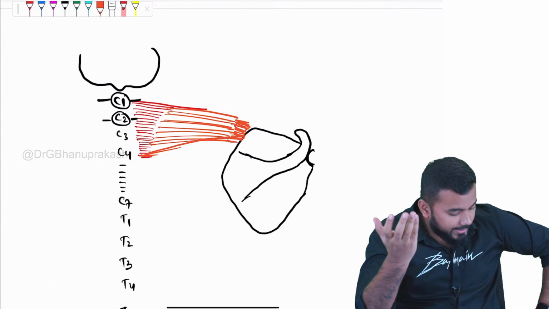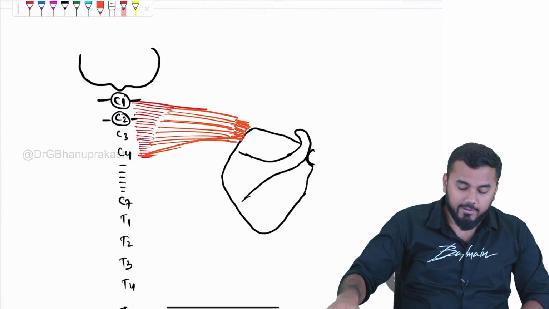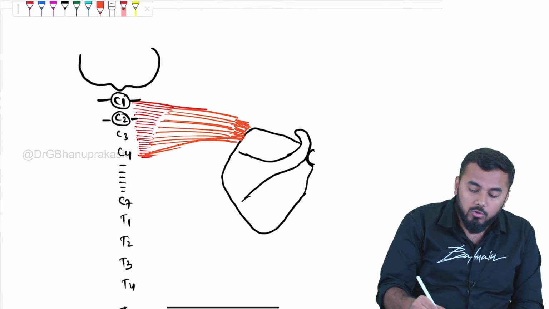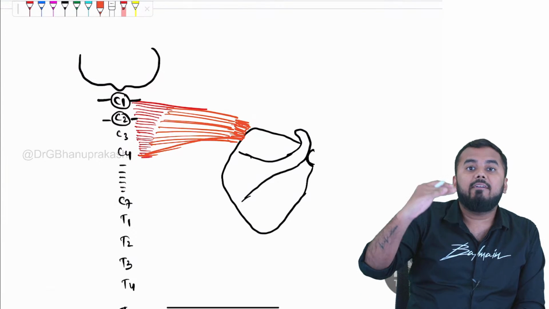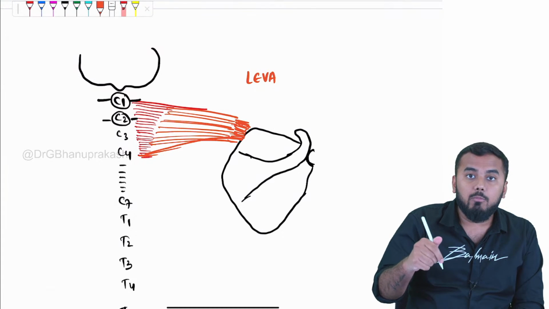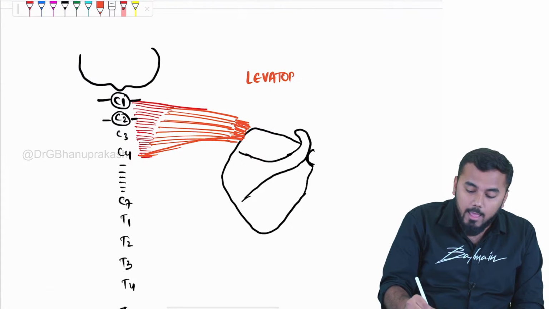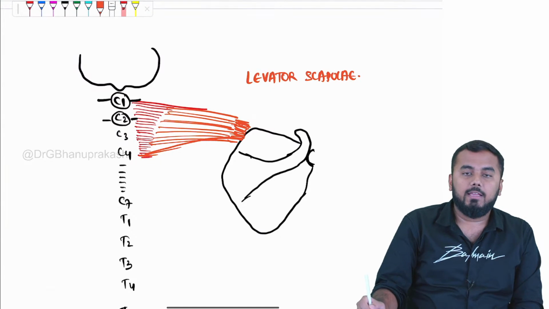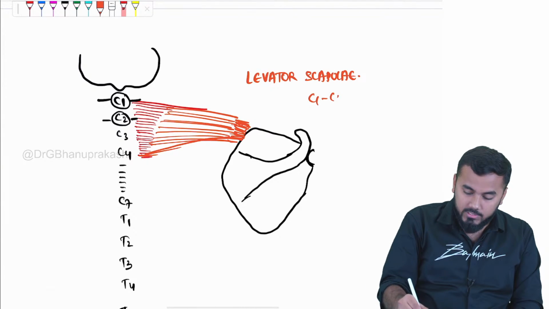Rami Ibrahim, you're right. Roy, you're right. Elevate. It will elevate, right? The scapula will elevate. So elevation of scapula is called levation, and the name of this is levator scapulae, originating from C1 to C4.